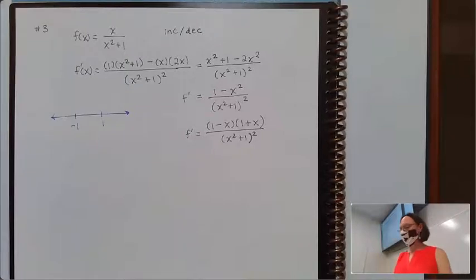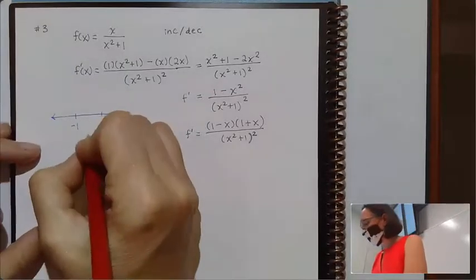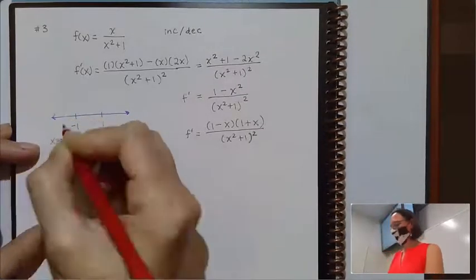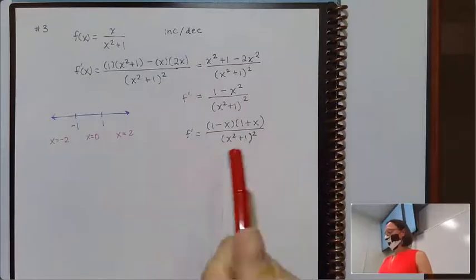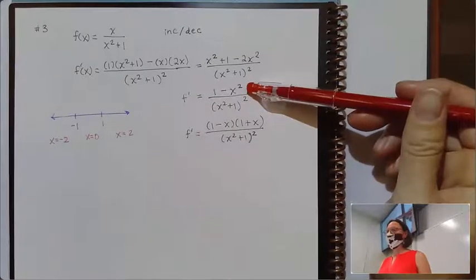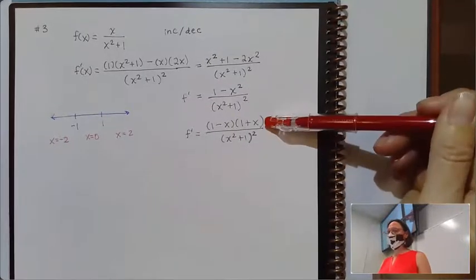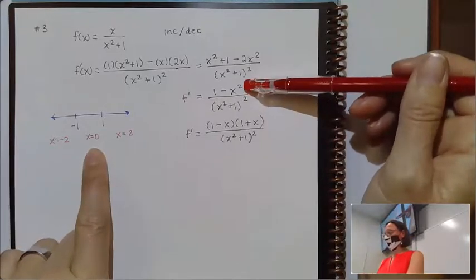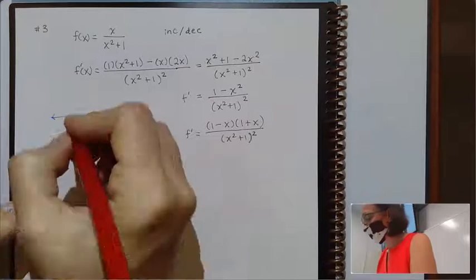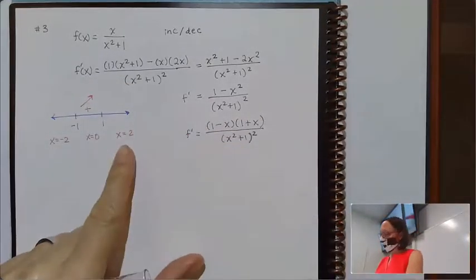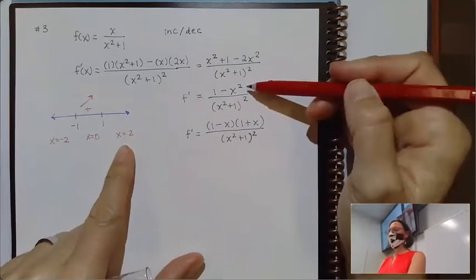So when I choose our test points here, I'm going to go with 0, 2, and -2. I really only have to plug it into the numerator. And you could choose which looks easier to plug it into, 1 minus x squared or the factored form. If I plug in 0, I'm going for the not factored form because 1 minus 0 is positive. We're increasing. If I plug in 2, I'm also going for the not factored form. 1 minus 4 is negative.